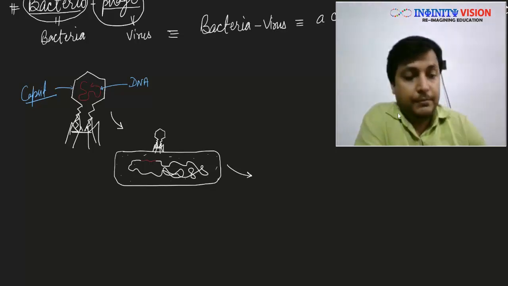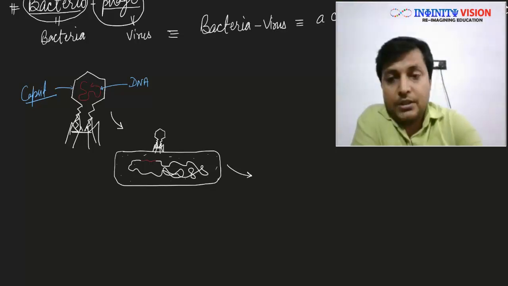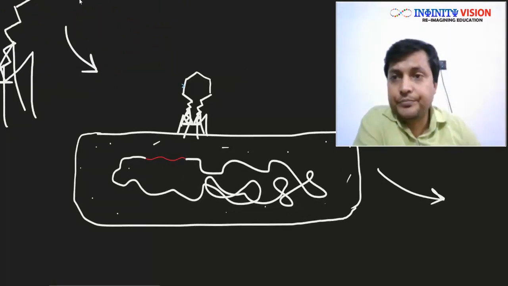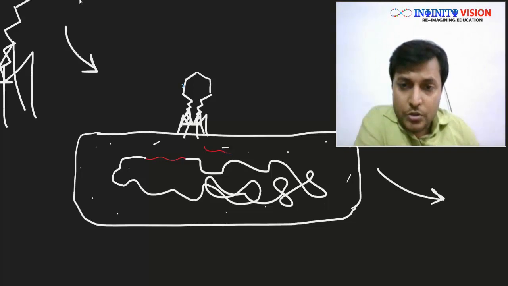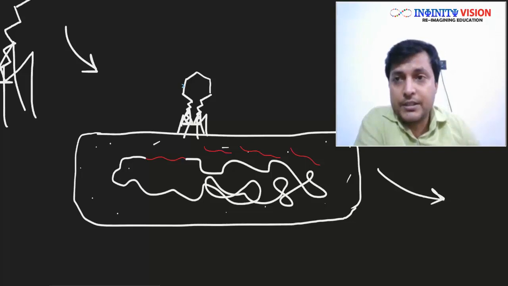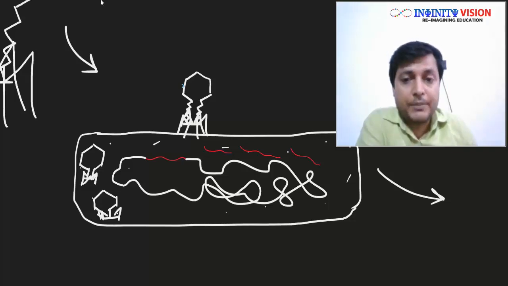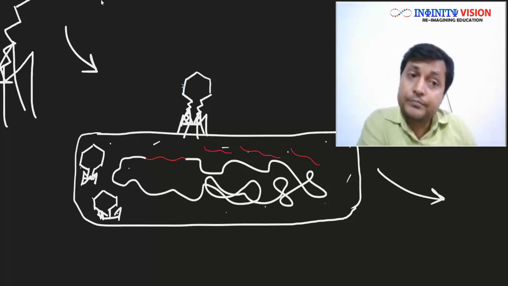At the same time, it makes a lot of copies of viral DNA, plus there is the viral capsid. These things are formed. Many of them are formed inside the bacterial cell. Then this is packed into the virus.